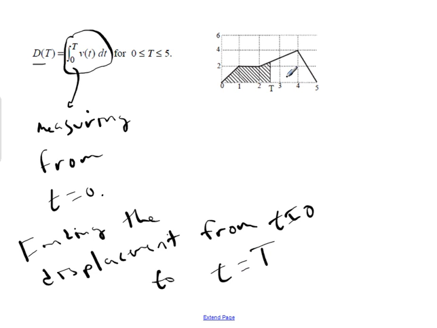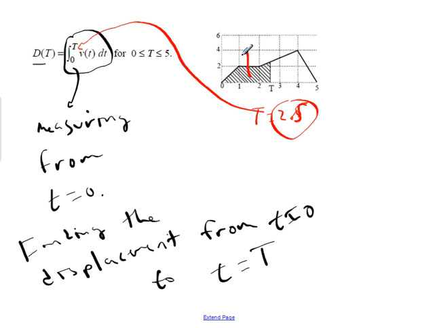And as time increases, let's think about, right now we're at this big T that we show is 2.5. And if we were to put this 2.5 in, our displacement would be 1/2, 1.5, 2, 2 and a little bit.